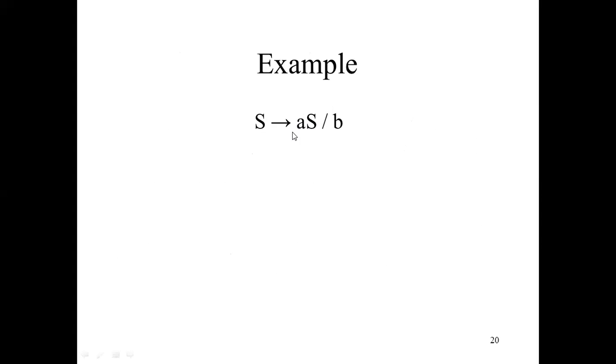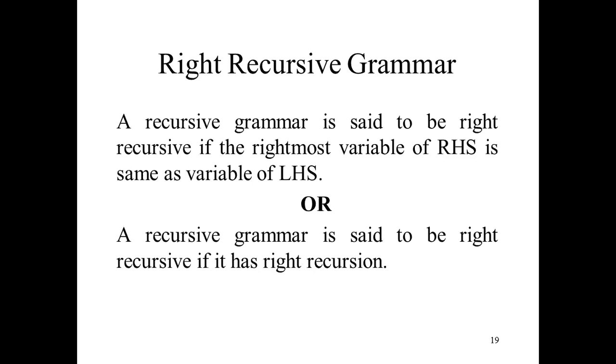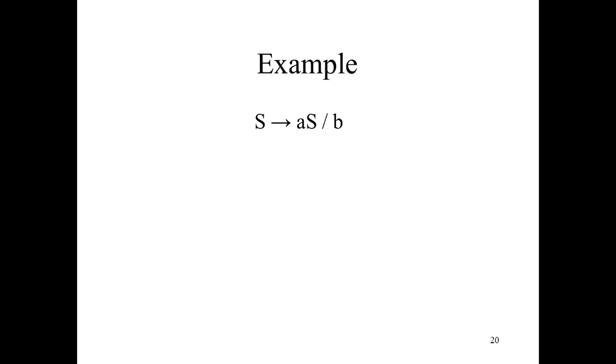In the preceding one, we wrote A here, but here we are writing AS. So it is just the reverse of that. This is called one example of a right recursive grammar. So we can break S into AS or B as per the need of the given string.